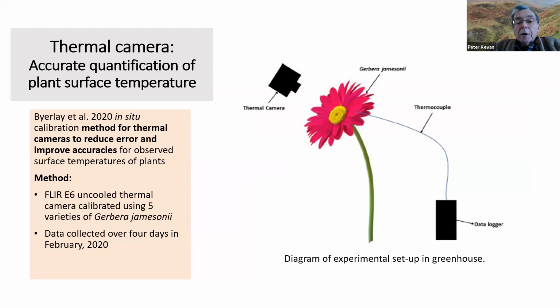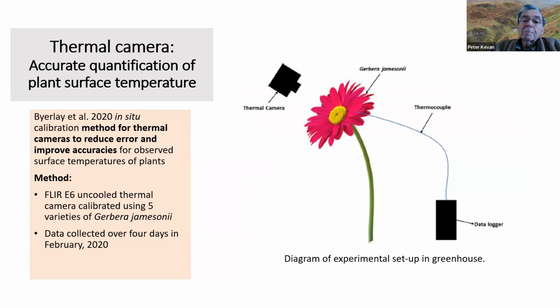So in looking at that, we thought we should use a thermal camera, an infrared camera, and we got that from a company called FLIR, F-L-I-R, and we realized that before that we weren't getting similar results with the thermocouples and with the thermal camera. They're measuring 2 different things.